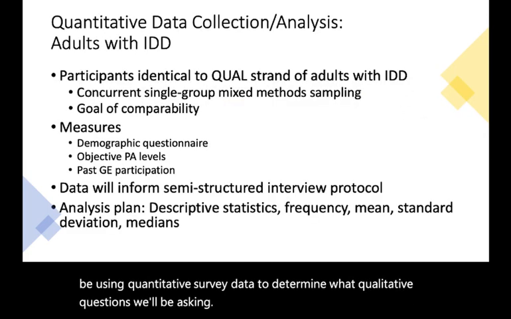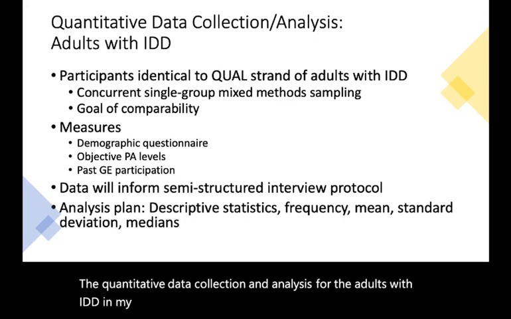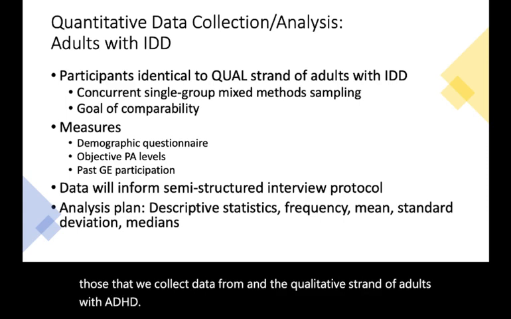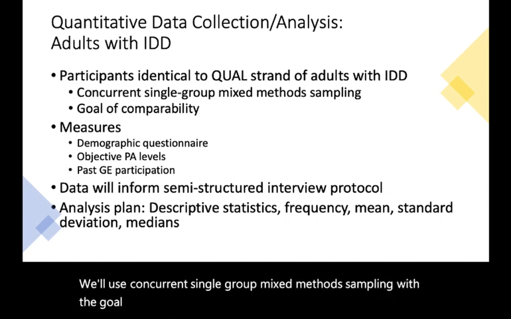The quantitative data collection and analysis for the adults with IDD in my study. These participants are going to be identical to those that we collect data from in the qualitative strand of adults with IDD. We'll use concurrent single group mixed method sampling with the goal of comparability.